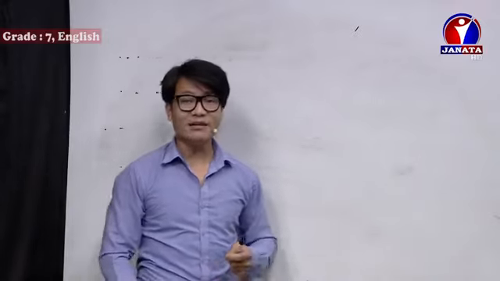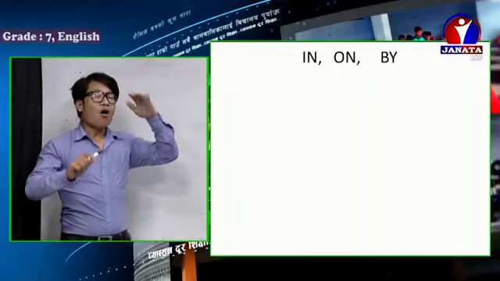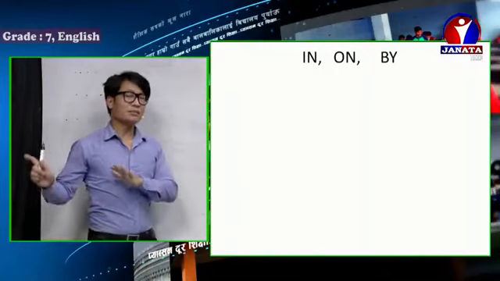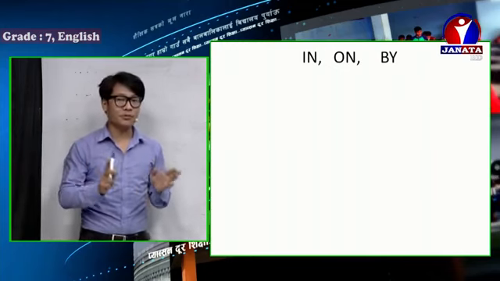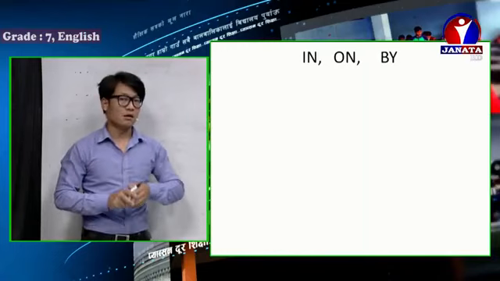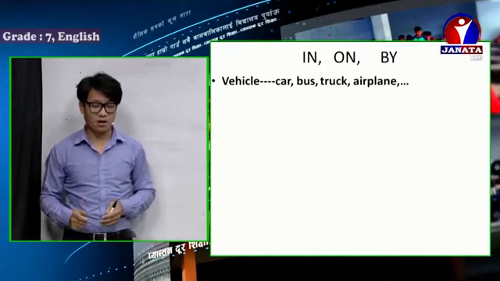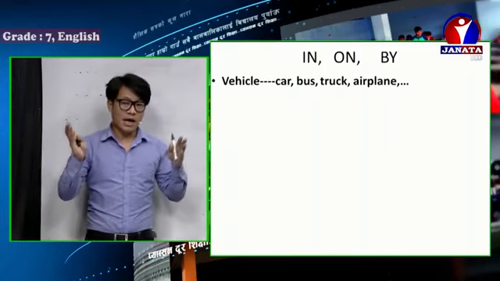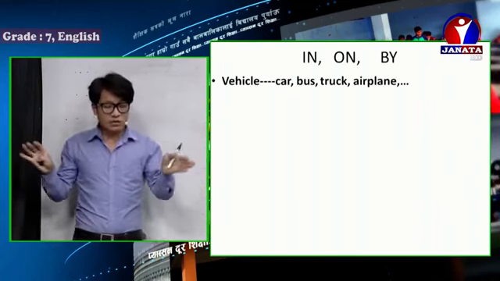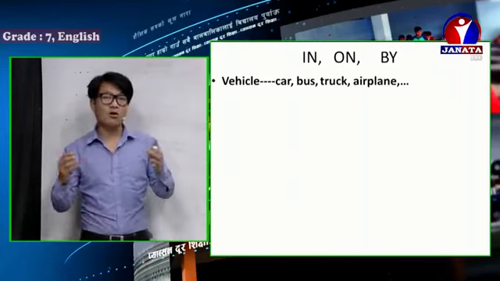Now next, in, on, by. Most of the students get confused while using the prepositions on, in, by with a vehicle. A vehicle means, obviously, bus, truck, airplane, car, jeep, and bike. With these vehicles, how to use these three prepositions, in, on, by.